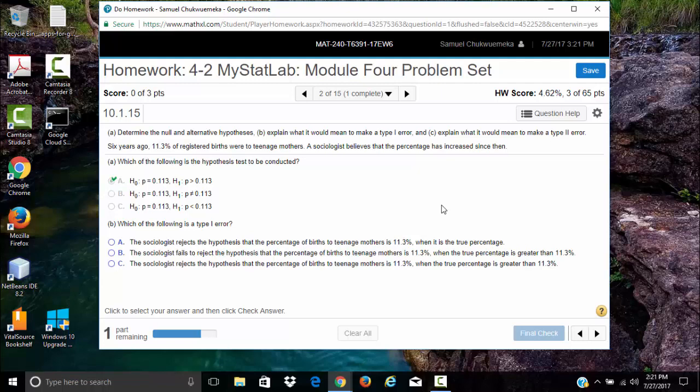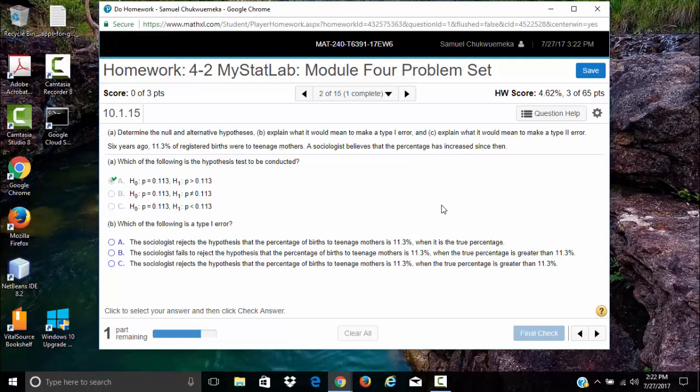That's the terminology: we say do not reject the null or fail to reject the null. And when you reject the null, in essence you're accepting the alternative hypothesis, but we don't use the word accept. We just say reject the null or fail to reject the null.